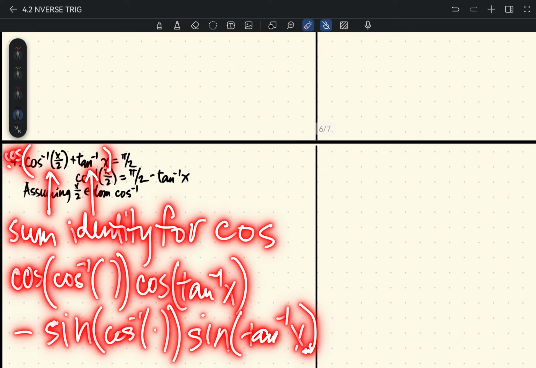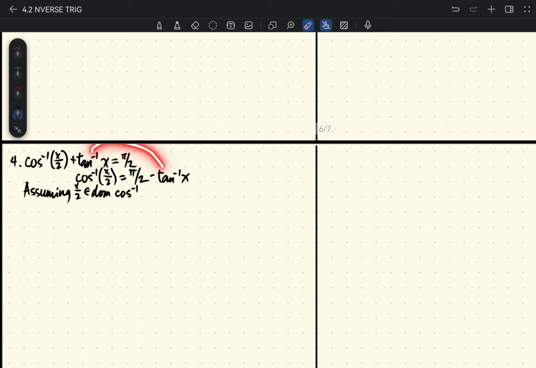So I don't want to apply a trigonometric function on a side where there are two terms both with variables. So what I did is transfer tangent inverse to the other side so that when I apply cosine here, you have the cosine of cosine inverse of x over 2, which will just be x over 2, and on the right side you'll have cosine of pi over 2 minus tangent inverse of x.